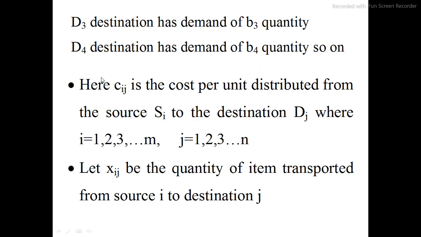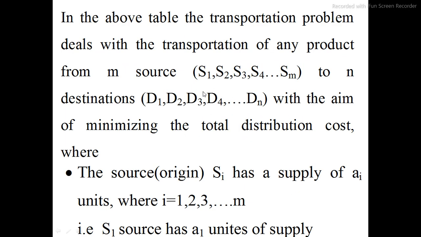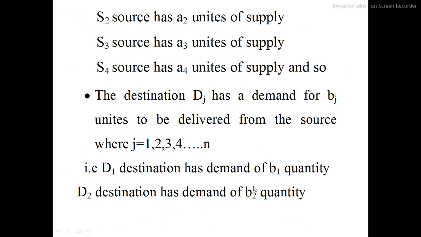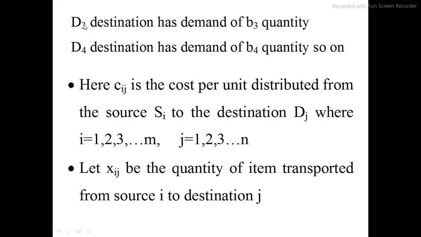So D3, how much demand is there? D3 has a demand of B3 quantities. D4 has a demand of B4 quantities, and it goes on up to j.